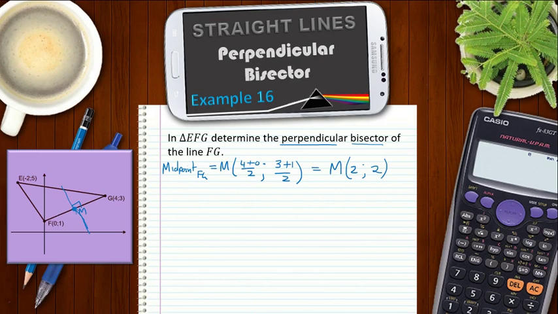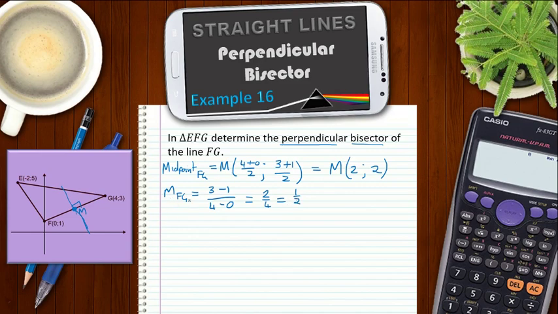Now we have a point where the line goes through, but now we still need to find the gradient. So let's find the gradient of FG. We know it's change of y over change of x, so it's 3 minus 1 over 4 minus 0. And that is equal to 2 over 4, which is equal to a half.